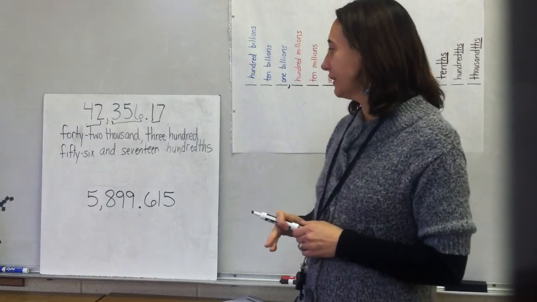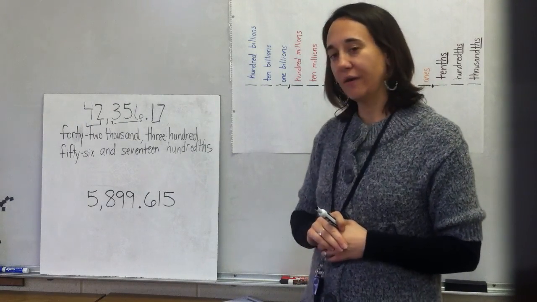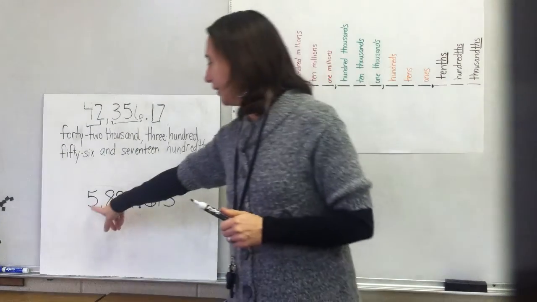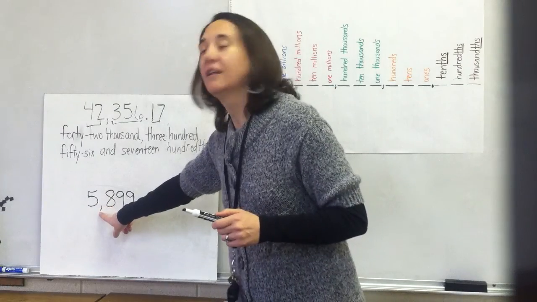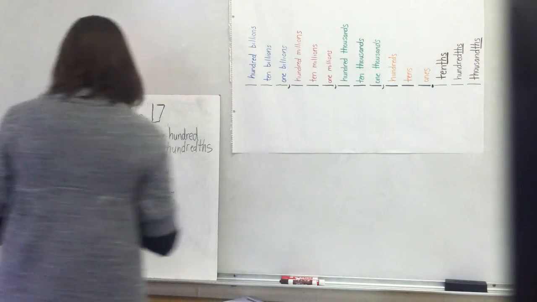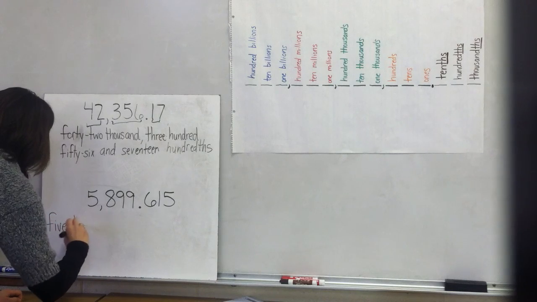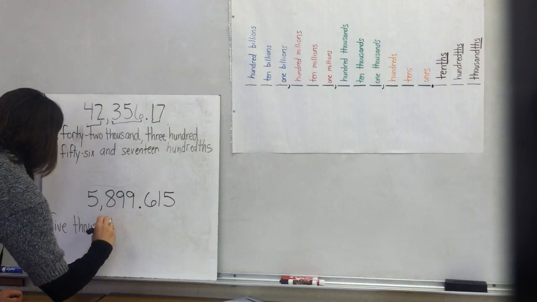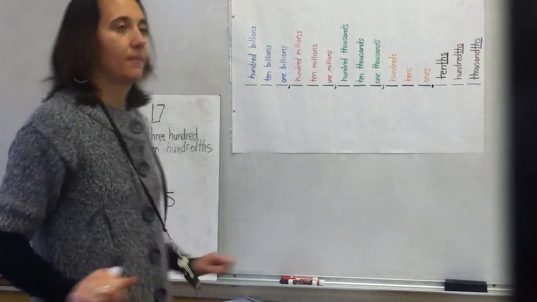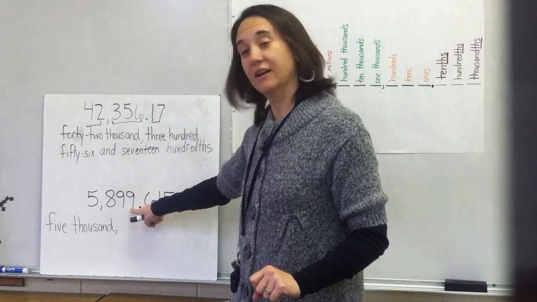All right, so hopefully you have had a chance to write this out, and now we're going to go over it. Remember, we read our first period, so that number is simply 5 and then 1,000. So we've got to do 5,000. Read our next period, which is 899.